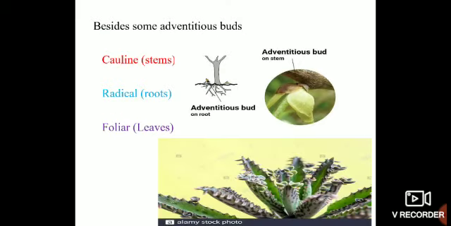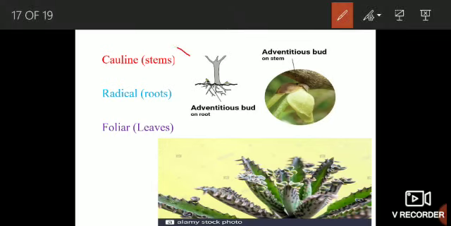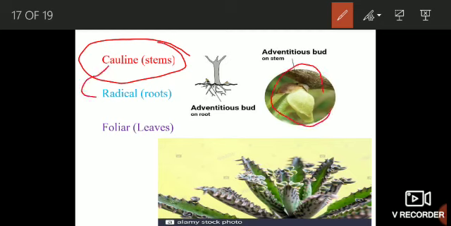Besides the above mentioned buds, there are some other bud types which are born adventitiously. The first one is cauline buds, and these buds arise from the stem. They arise from the stem, but these are not necessarily positioned at the nodes.